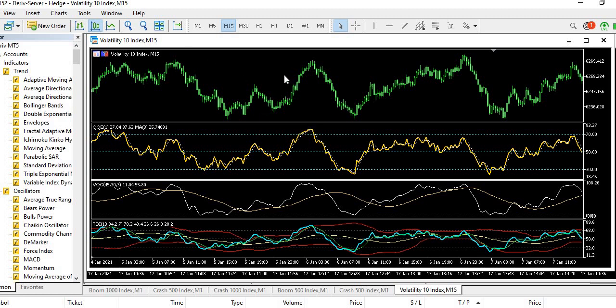So how does it work on other indices? It will also apply exactly to Boom and Crash. This first indicator window has 3 lines: level 30, level 50, and level 70. Anytime we reach level 70, know that it is your point of reversal, okay?